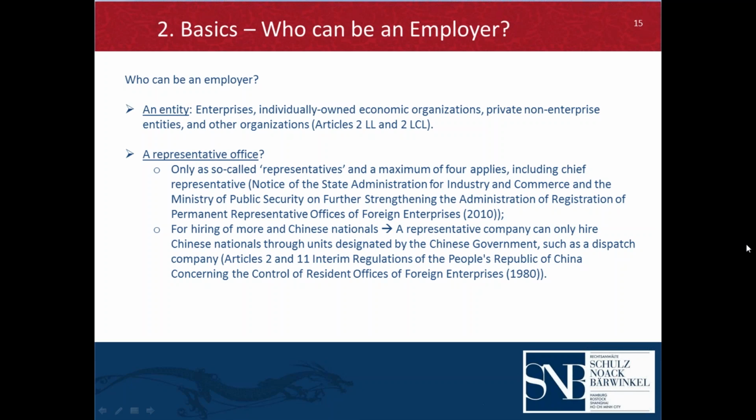We have a couple of them, for example, FESCO or CIIC. These will, after they have signed a labor contract with the employees, then dispatch these employees to the representative office. At the same time, the representative office will enter into a service agreement with this service provider.